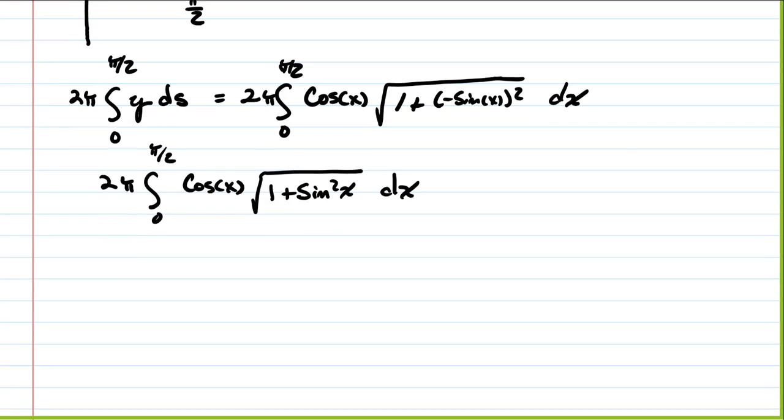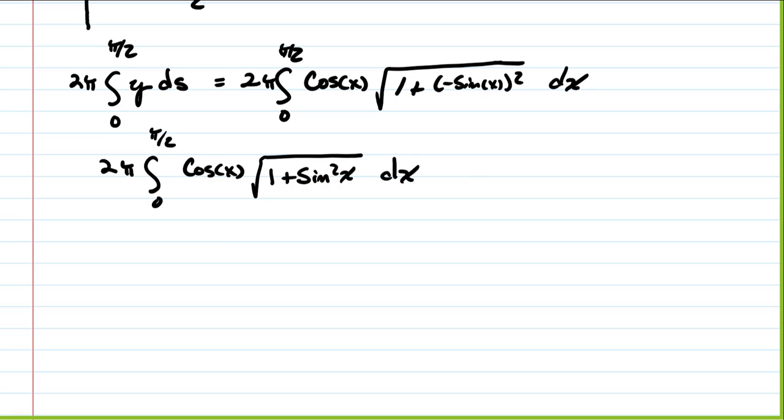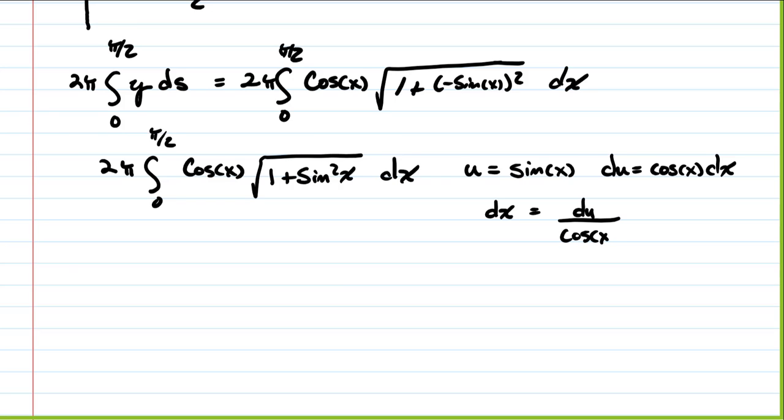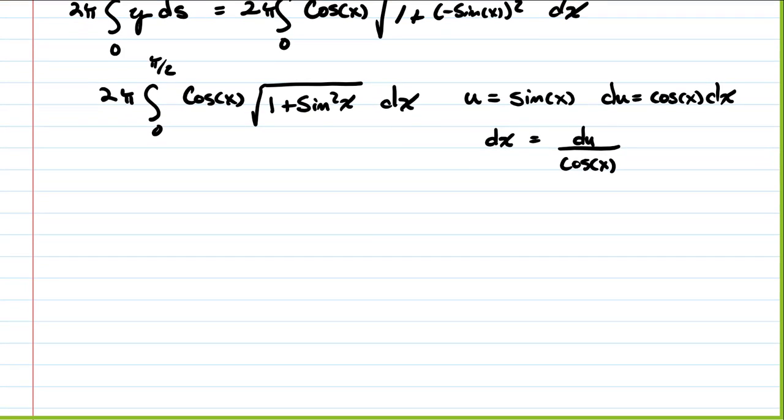U sub, good choice. So let's pick u equal to sine x, then du is equal to cosine x dx, or dx is equal to du over cosine x. And then we're going to need to change our limits of integration.